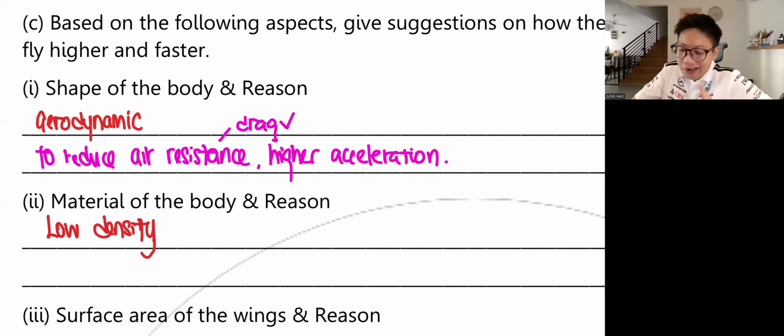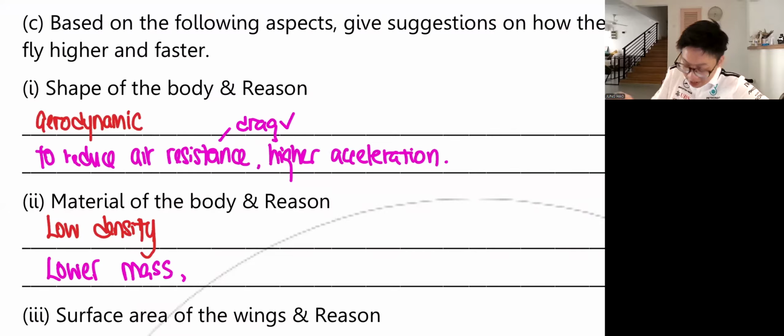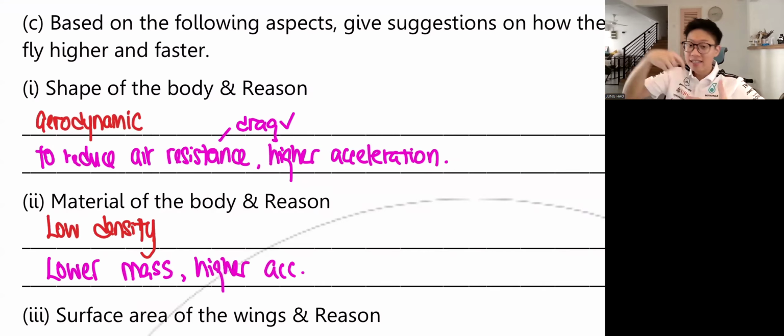Don't write light density, write low density. Okay, so then your explanation will be so that you will have a lower mass. So if it's lower mass, then what happens? You can also say higher acceleration.